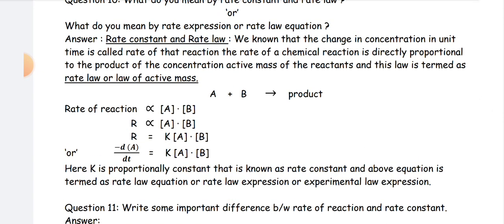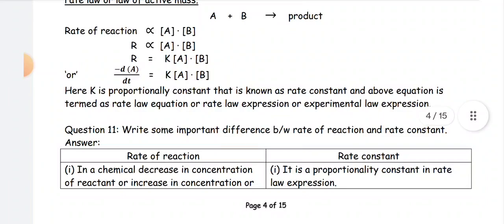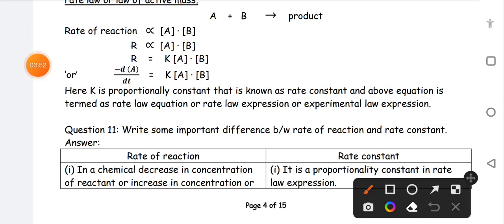According to Guldberg and Waage, the rate of any chemical reaction is directly proportional to the product of active masses of reactants participating in the chemical reaction. Here an example: A plus B gives product. So the rate of reaction is directly proportional to concentration of A into concentration of B.